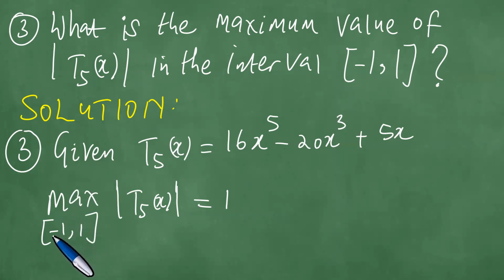The maximum is understood in this case to be located at the endpoints, because this interval is closed. Because it's closed, the maximum often occurs at the endpoints of this closed interval. It's closed because of the square parentheses.